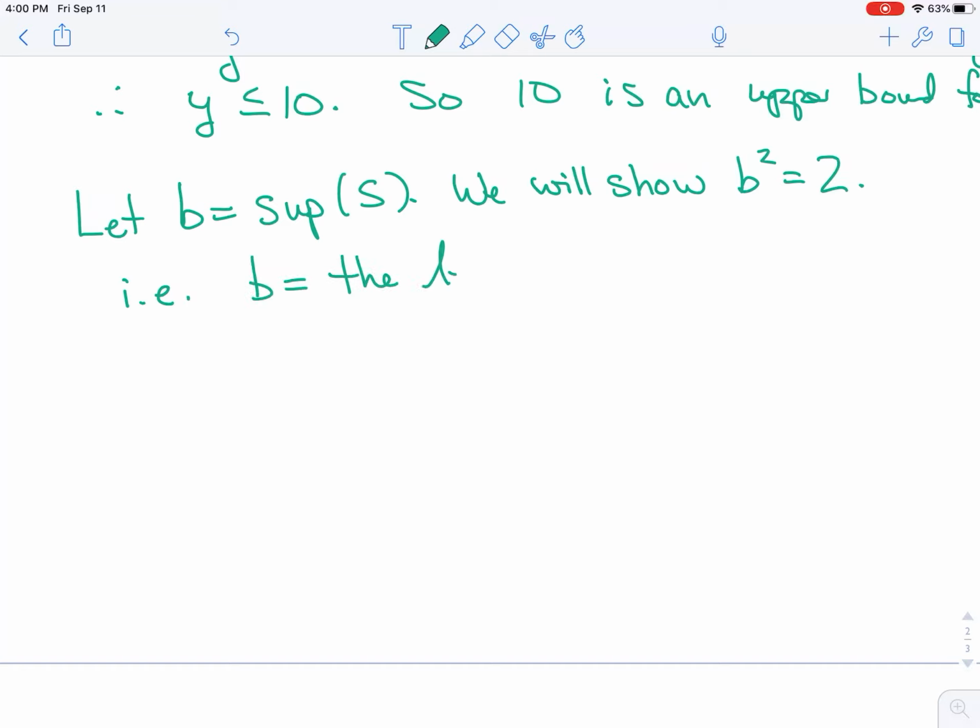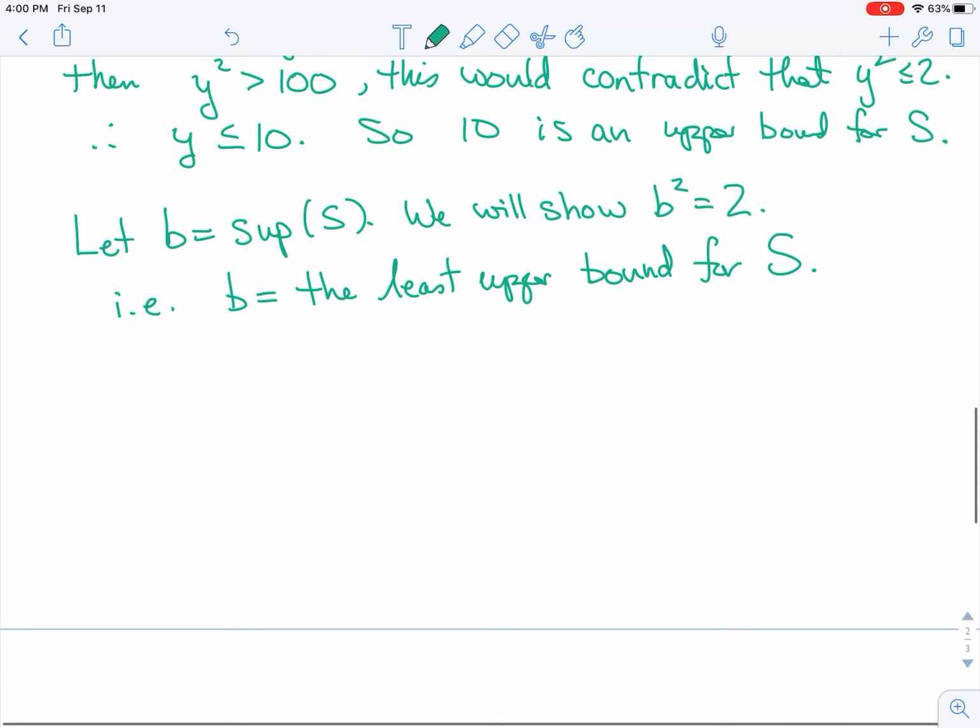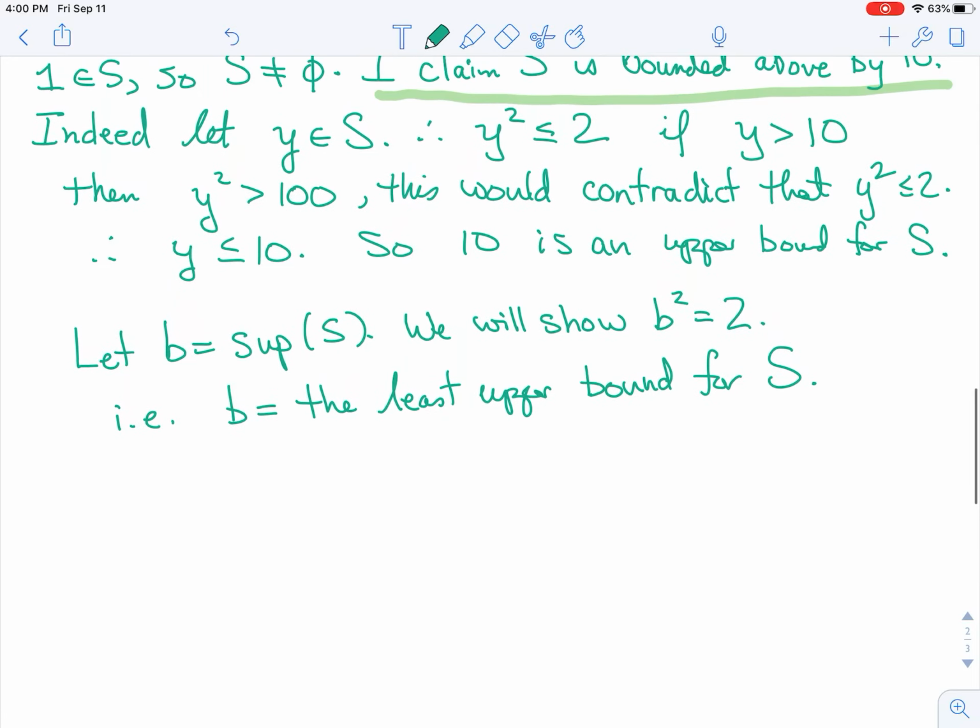I.e., B is the least upper bound for S. And the only way I can say that a set that's bounded above has a least upper bound is by appealing to the completeness axiom.